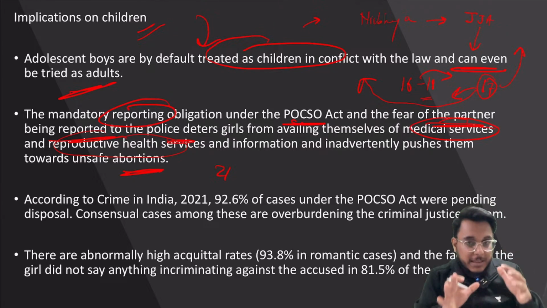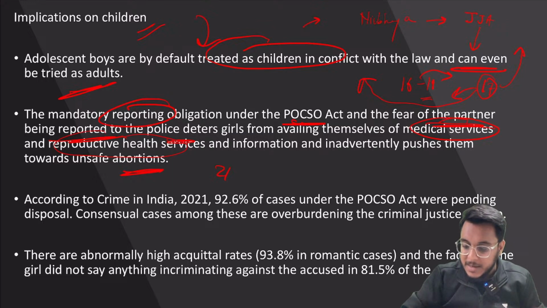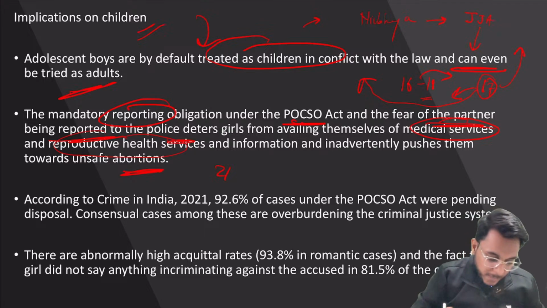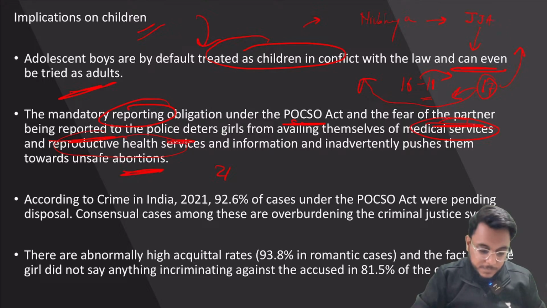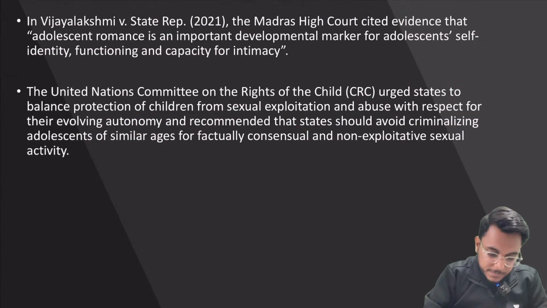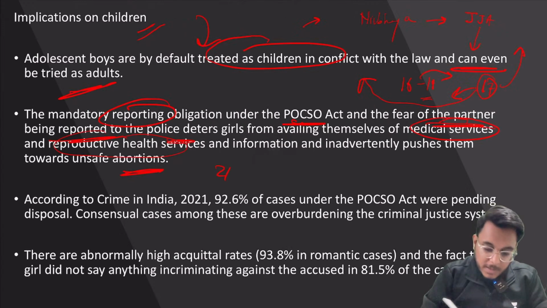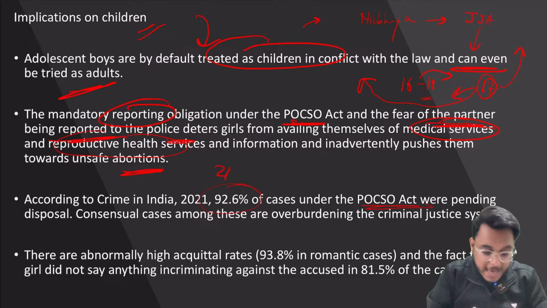Moreover, when we see the stats with respect to the cases filed under the POCSO, guys, according to the Crime in India 2021 report, 92.6% of the cases under the POCSO are pending.